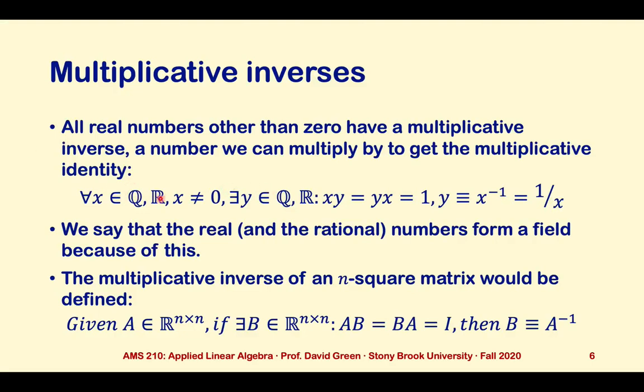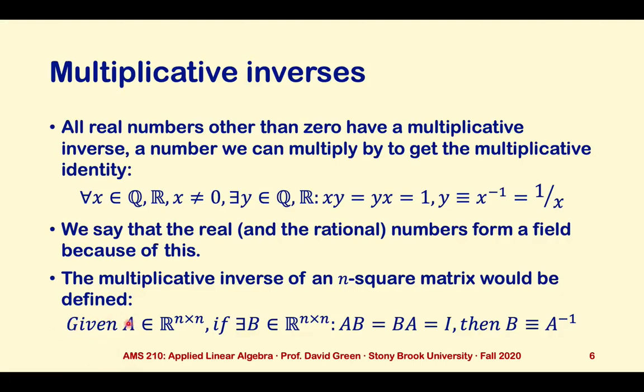So this is our definition of what we mean by a multiplicative inverse for scalars. What would the multiplicative inverse of an n-square matrix be? Well, we might say something like this.